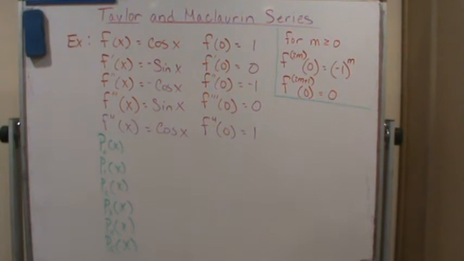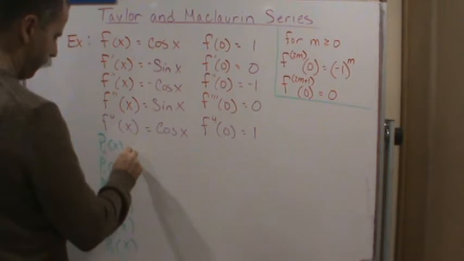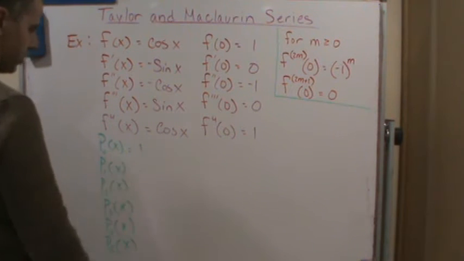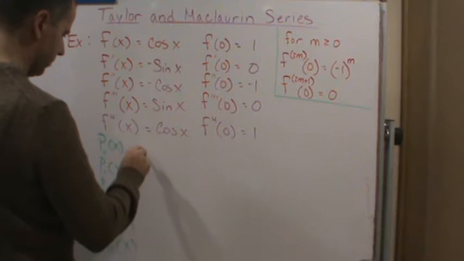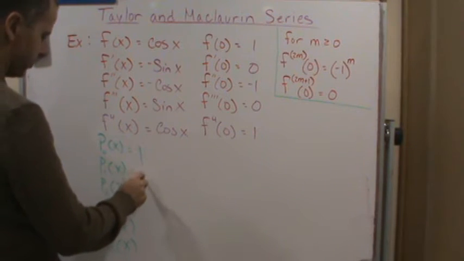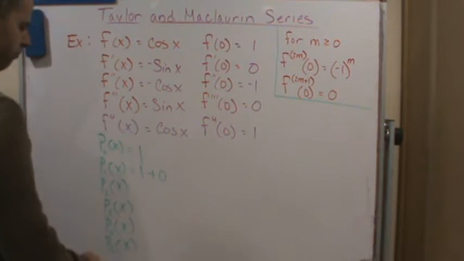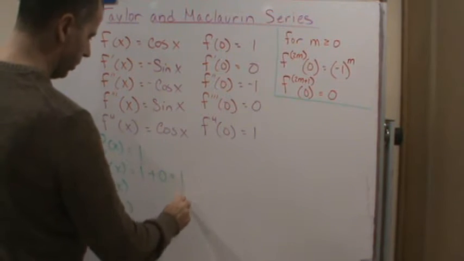Okay, so that's what we have. And so if we write out the first one, that's just going to be f of 0, which is going to be 1. And then this one is just going to be 1 plus 0, which equals 1.